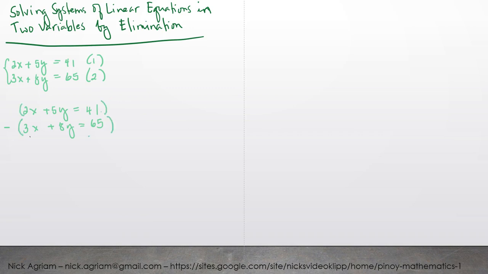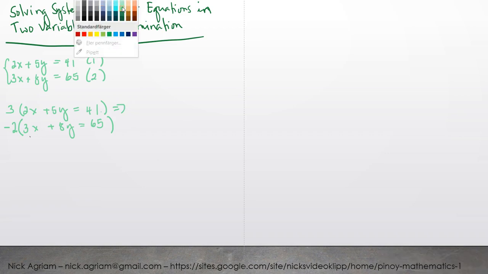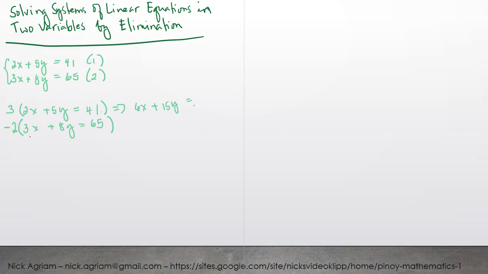So I'm going to multiply the first equation by 3 and the second by negative 2, but be sure that you're not only multiplying the term that you want to eliminate, you have to multiply all of the terms. So this will give us 6x plus 15y equals 123.